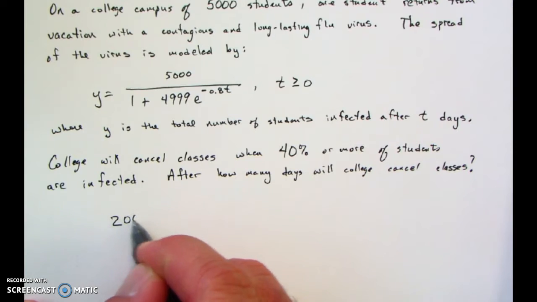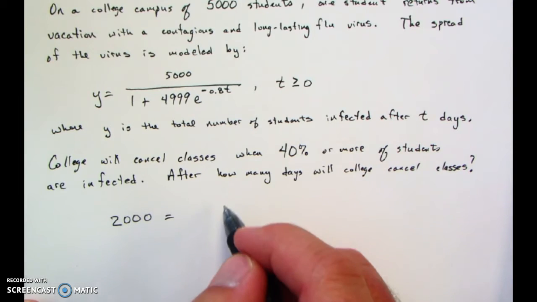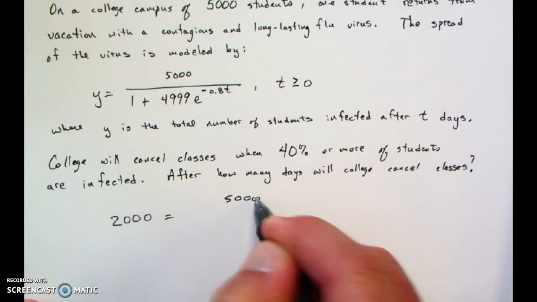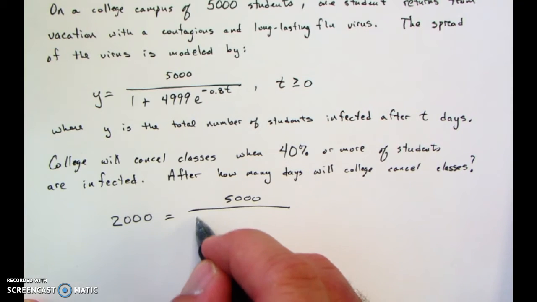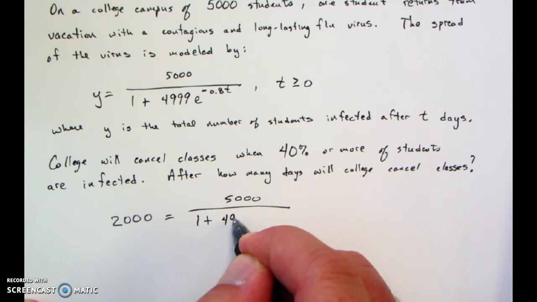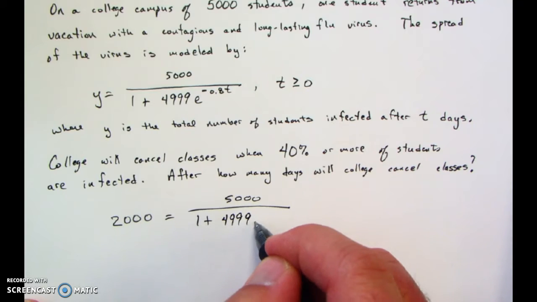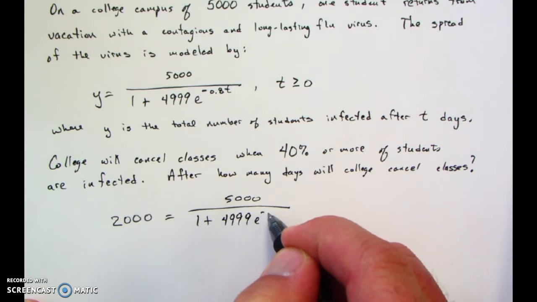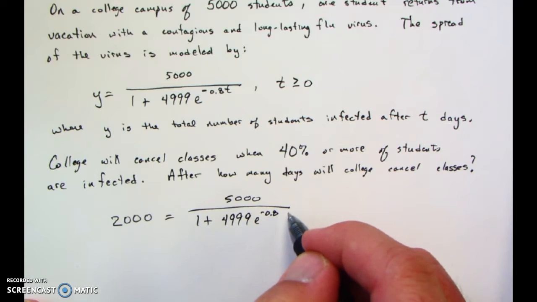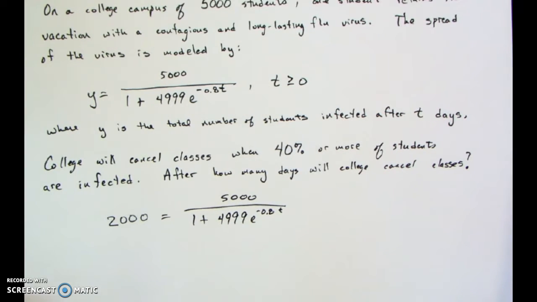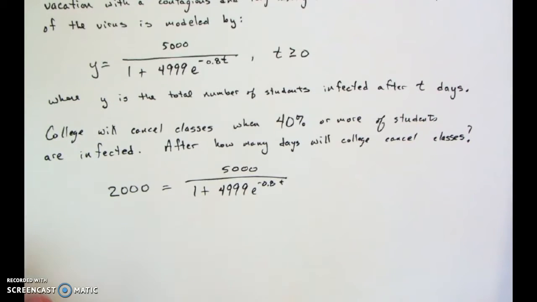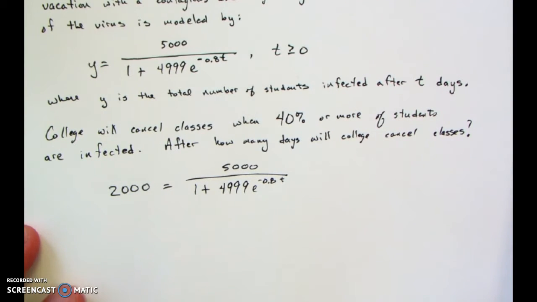So if we take our 2,000 and set it equal to our given model, that is the number we're looking for to find out when they will cancel the classes. And so now we're solving for t from here. First, I'd multiply both sides by my denominator.